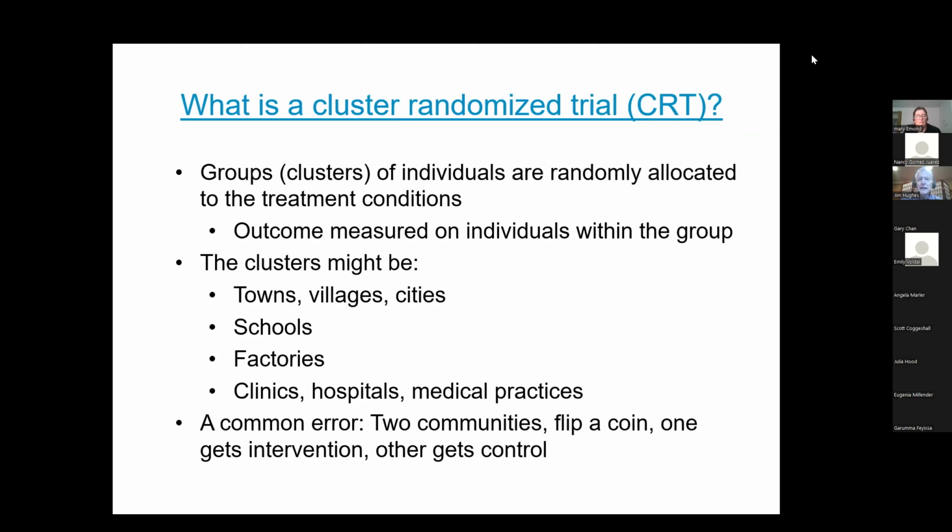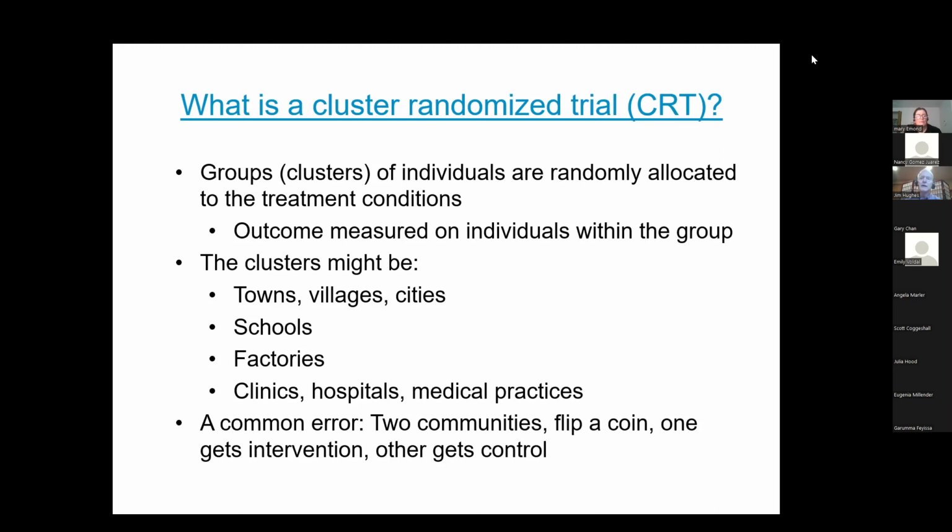In such a trial, the key thing to remember is that the unit of analysis then becomes the group. So you have to have replications at the group level. A common error that people make is they have, say, 2 villages, 1,000 people in each village, and they flip a coin and one village gets the intervention, the other village gets the control, and they think they have this really great randomized trial with 2,000 people.